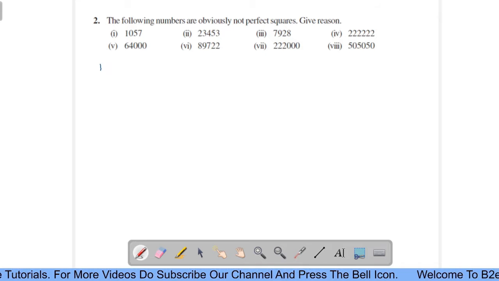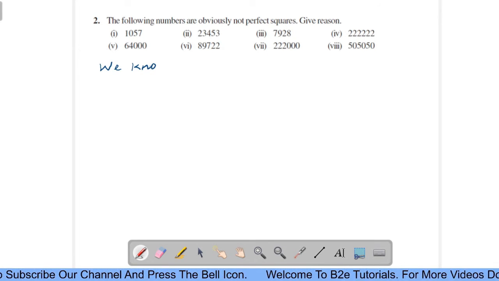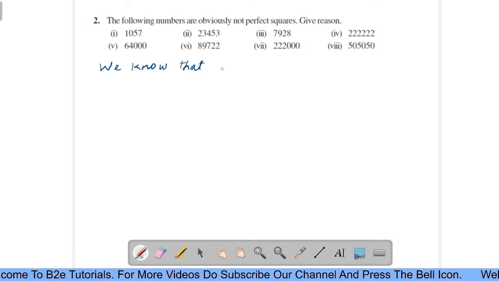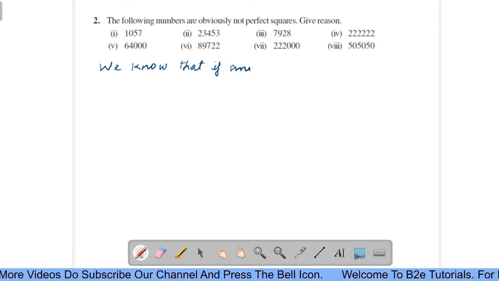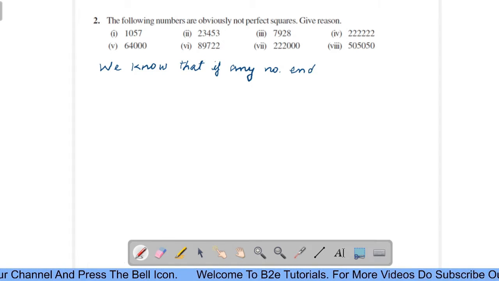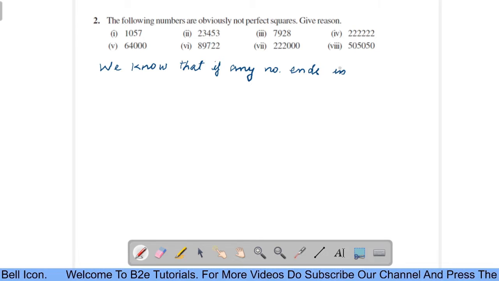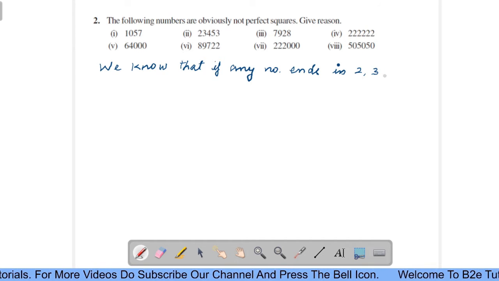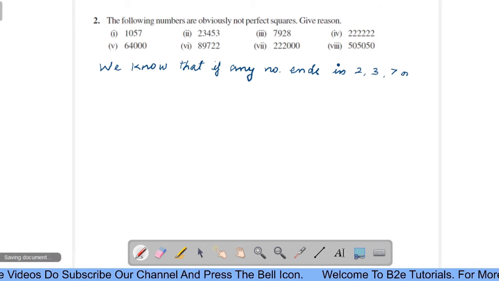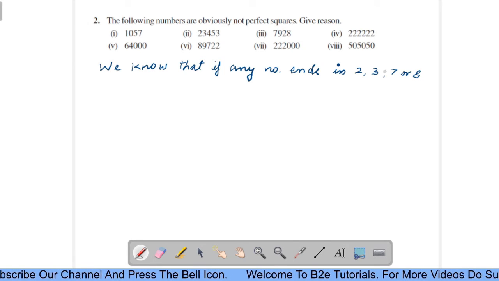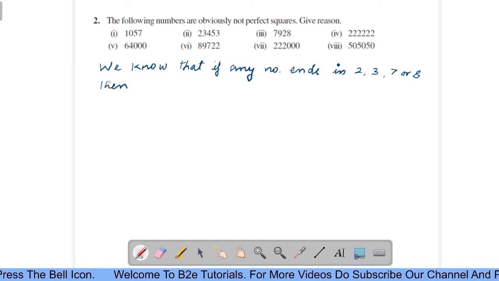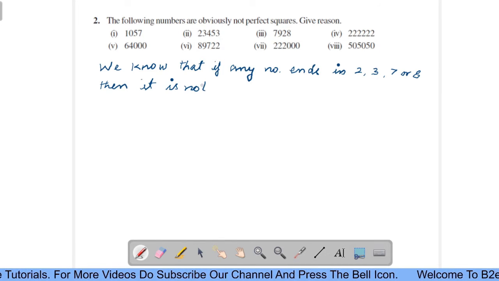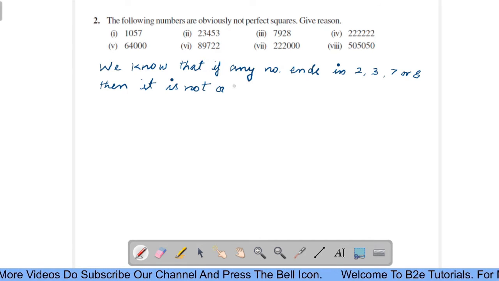Here we know that if any number ends in 2, 3, 7, or 8, then it is not a perfect square.